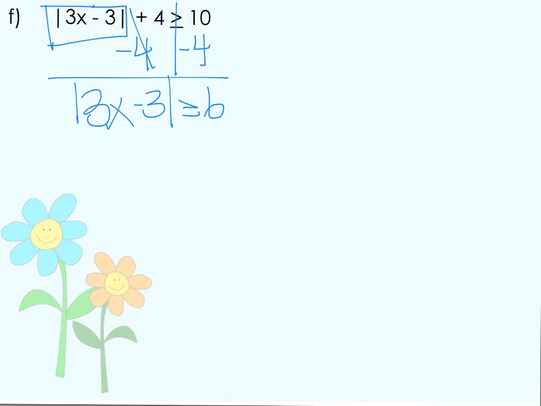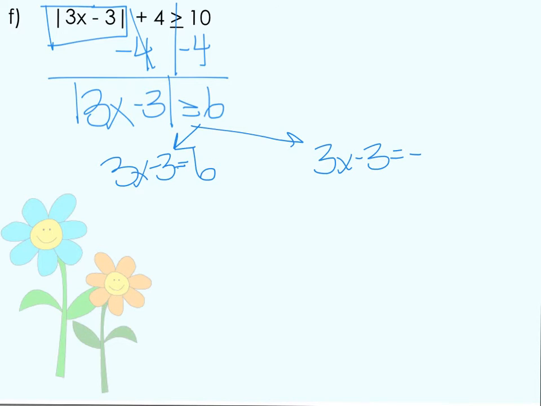Now that the absolute value is the only thing on this left-hand side, now we can split it apart into our two cases. So 3x minus 3 equals 6. And 3x minus 3 equals -6.